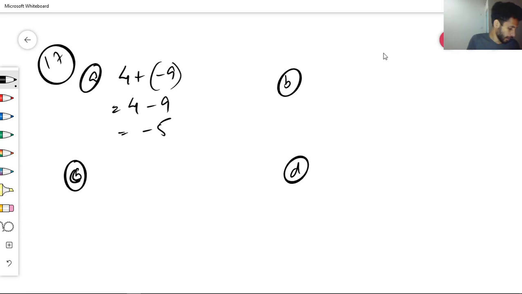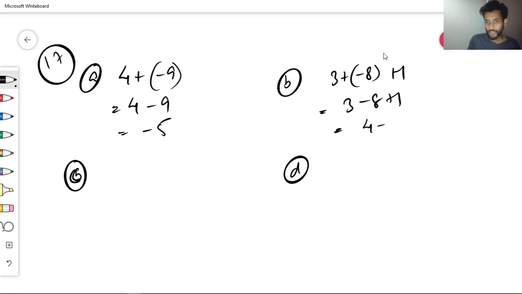So here, B is 3 plus minus 8 plus 1, so it will be 3 minus 8 plus 1, so it will be 4 minus 8, so it will be minus 4.